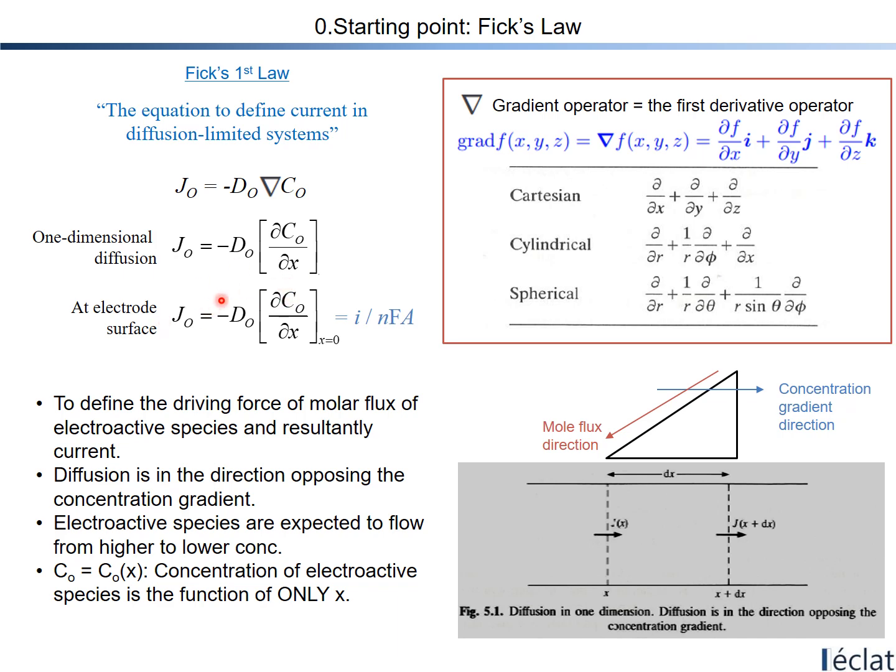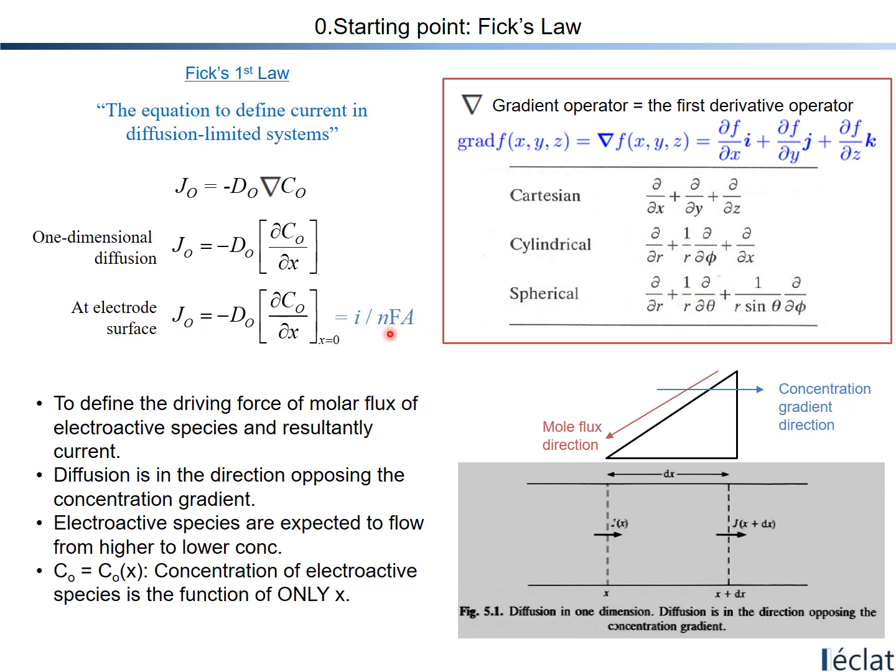Then at the electrode surface, the surface concentration gradient of oxidized species defines the surface mole flux, and this surface mole flux is closely related to the current, which is equal to current per NFA.